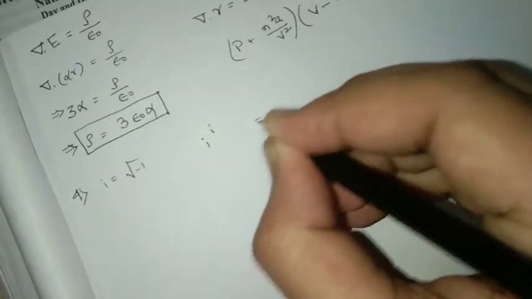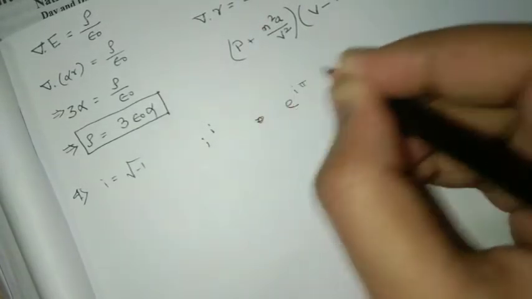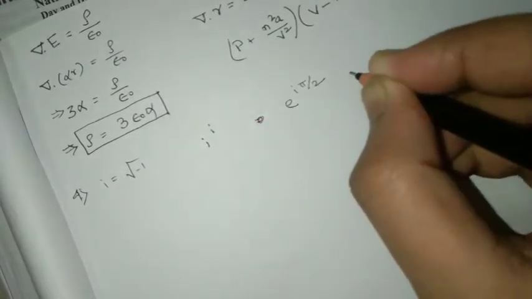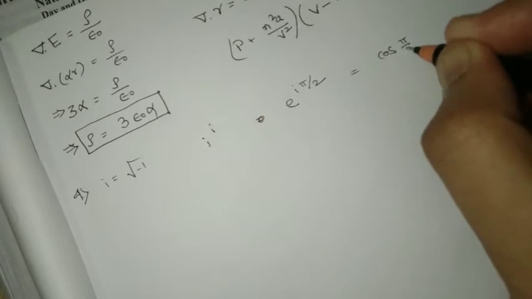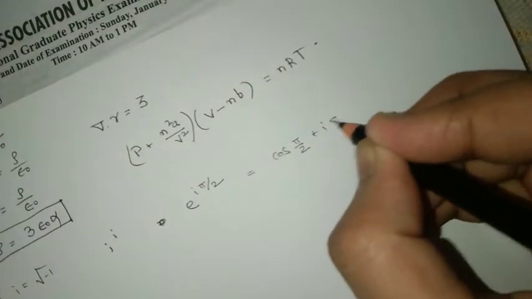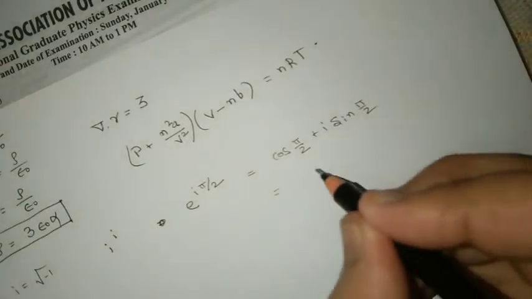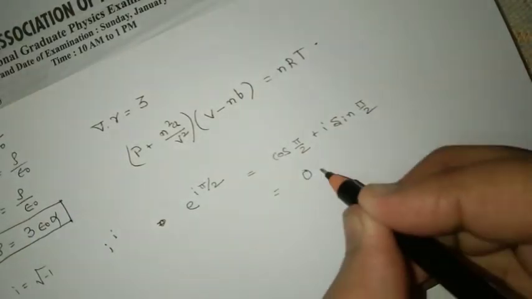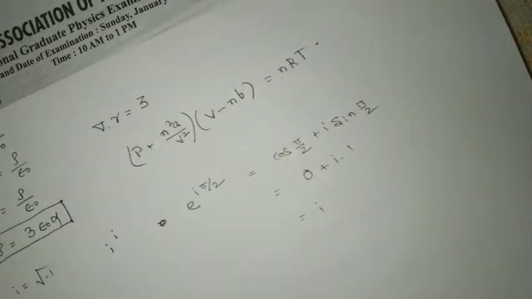We know that e to the power iota pi upon 2 is given by cos pi upon 2 plus iota sin pi upon 2, correct? And this equals 0 plus iota into 1, which equals iota, right?